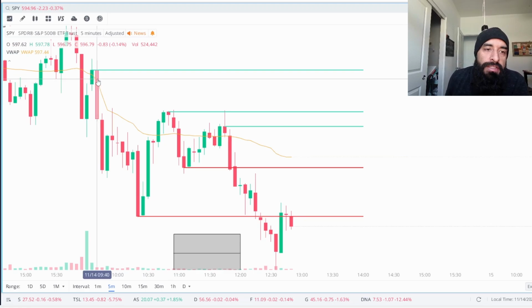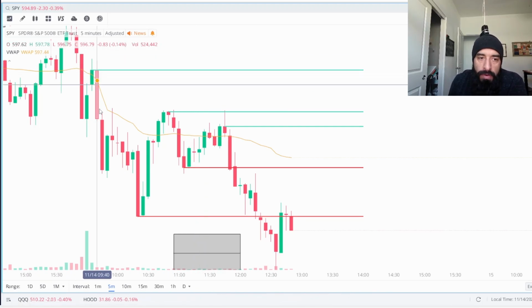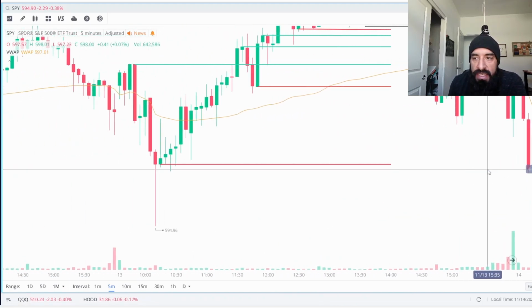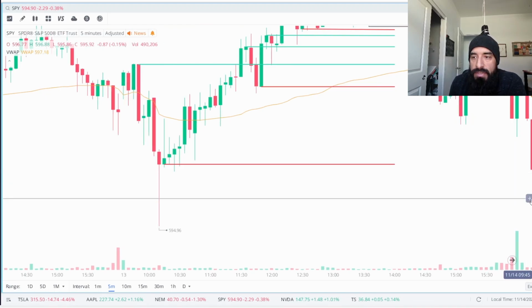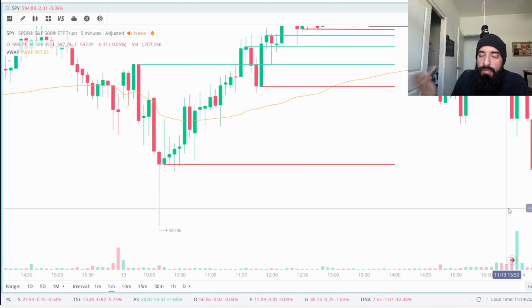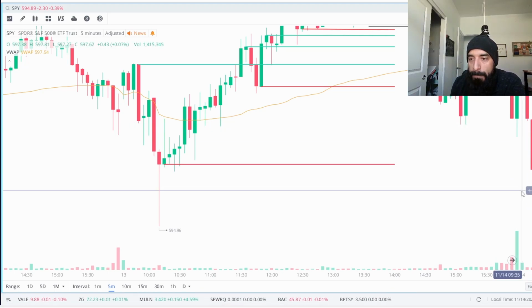So anyways, I identified the first point, the high, which was 597.62. It was a high, so I marked it green. I then wait for a low, right? So I would be seeing the candles form like this. I only see these 2 red candles, all right? My definition of what a point is: this red candle has created a new low so far.